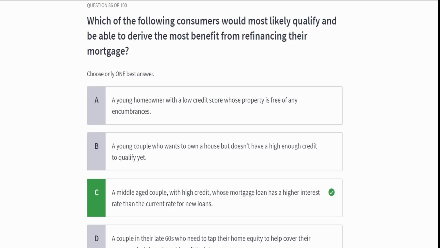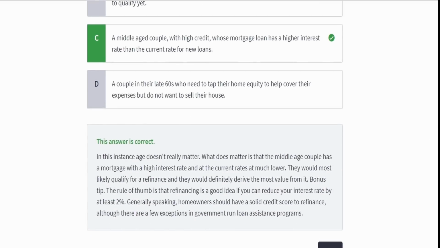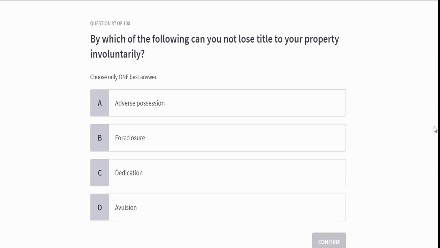We're actually seeing that all the time right now. And maybe that'll change in the future, who knows? But right now we're seeing a lot of people refinance because rates are so low. So yeah, be familiar with how refinance works. And hopefully I taught you something about that today if you weren't already familiar with it.